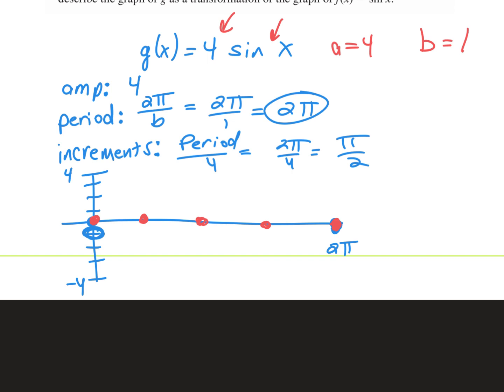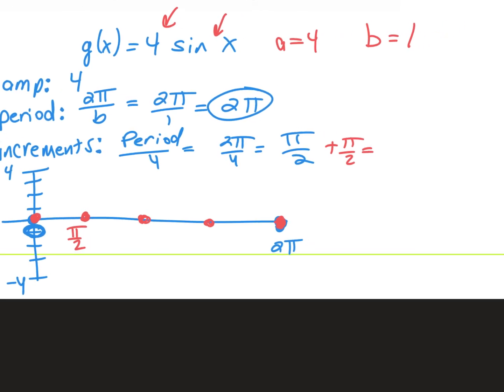So my first tick mark is pi over 2. If I add another pi over 2 to that, what's pi over 2 plus pi over 2? What's 1 pi plus 1 pi? So 2 pi over 2, which equals what? Just pi. Then I add another pi over 2.